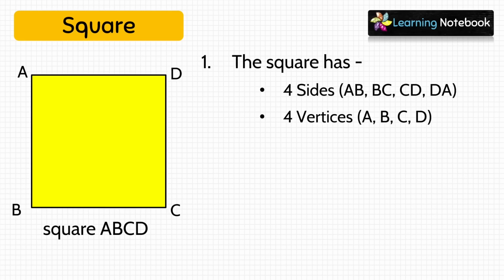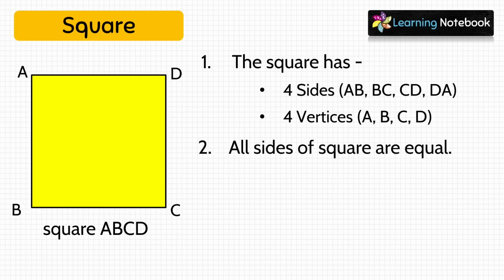But the important property of square is that all sides of a square are equal. So in this square, AB equal to BC, which is equal to CD and which is equal to DA. So it means all sides of a square are always equal.